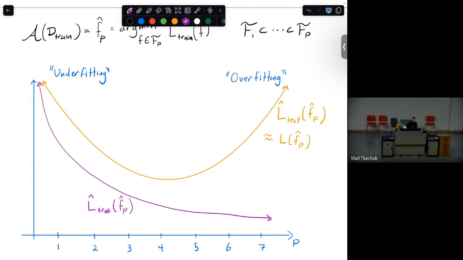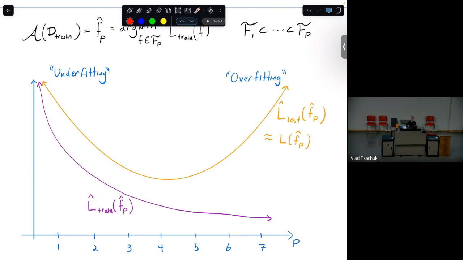Okay, so now we've gotten to the two curves we really wanted. We have the thing we actually optimize when we train, and then we have something that really estimates, once again, the thing you should hopefully believe is that this thing tells you how well you predict on new data. And now we have an estimate of how well I predict on new data.